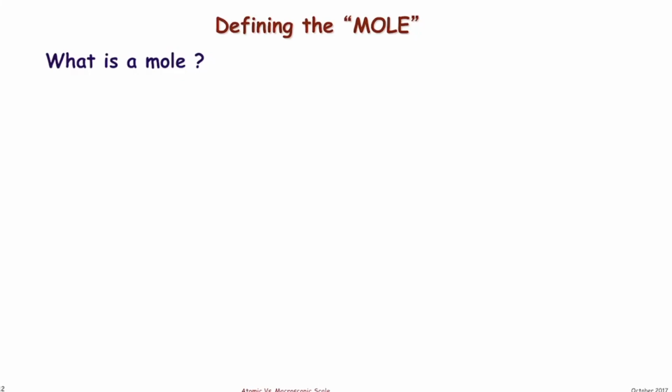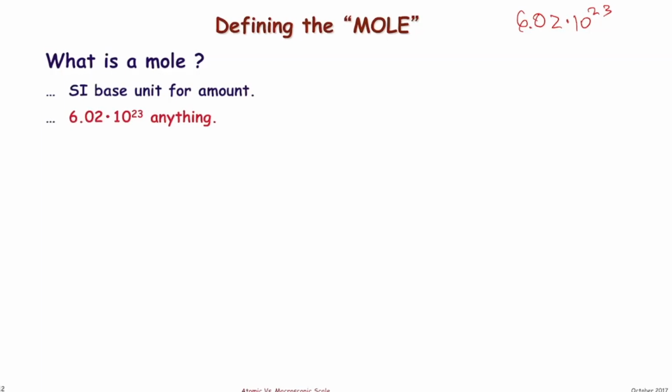Okay, a mole is not only 6.02 times 10 to the 23rd, but it also is a conversion factor. It's also a way of taking the atomic scale and making the macroscopic scale. These are the many definitions of a mole. And which one you use depends on the problem that you are solving, okay?